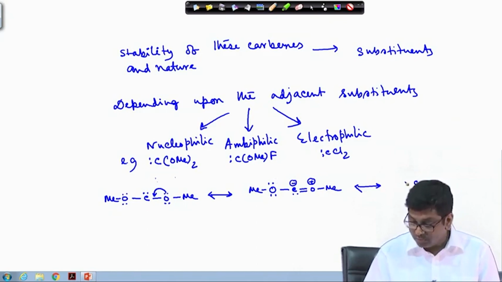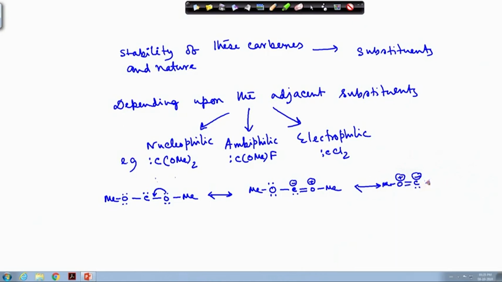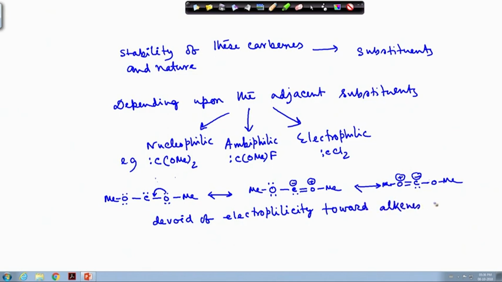So, this type of carbene is devoid of electrophilicity toward alkenes, because of electron donation by the methoxy group.